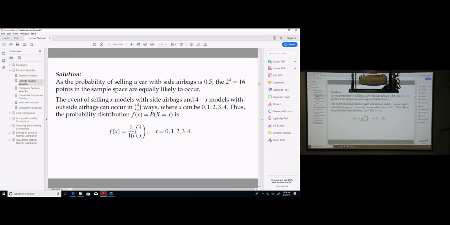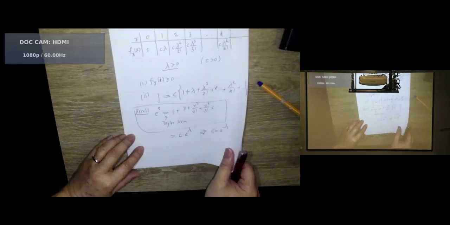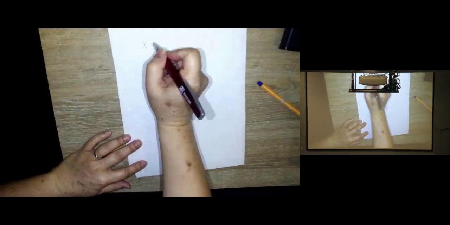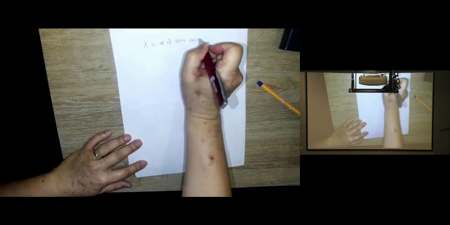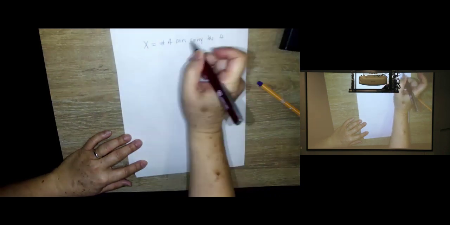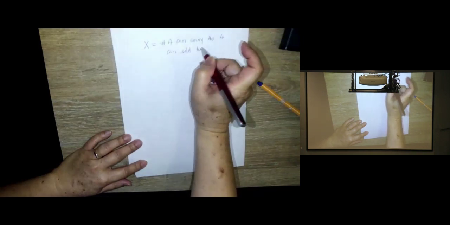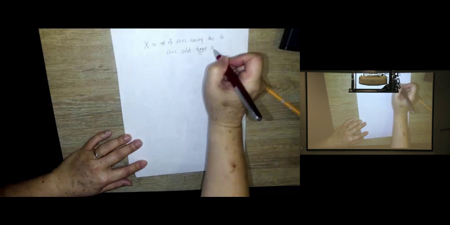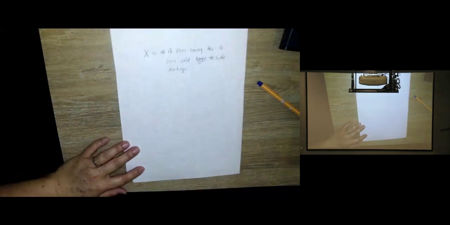So one way you can think of it is, because I think it wasn't explained very explicitly, the number of cars among the 4 cars sold that have side airbags.